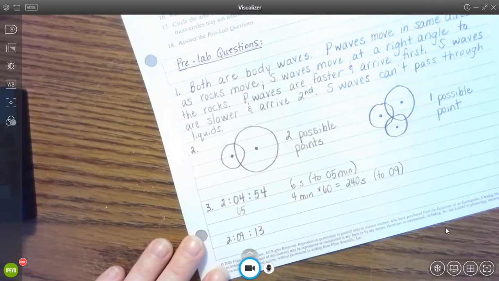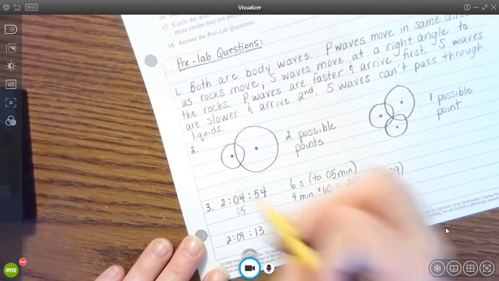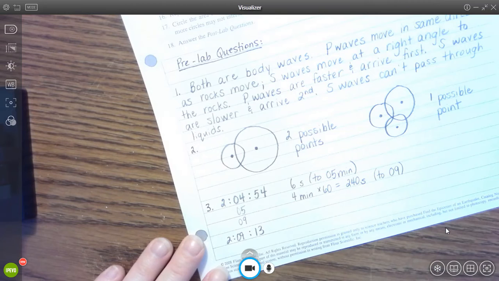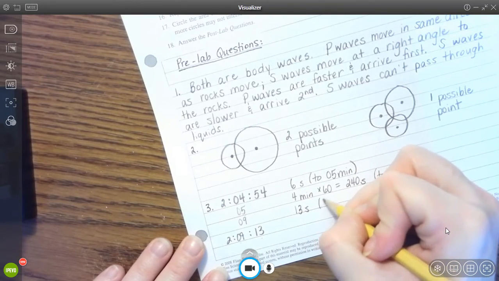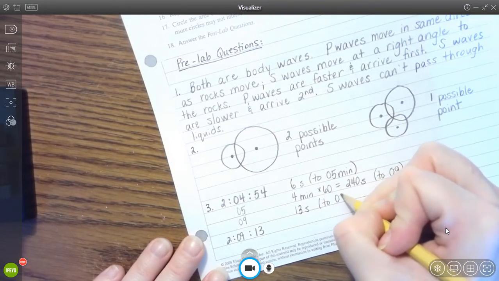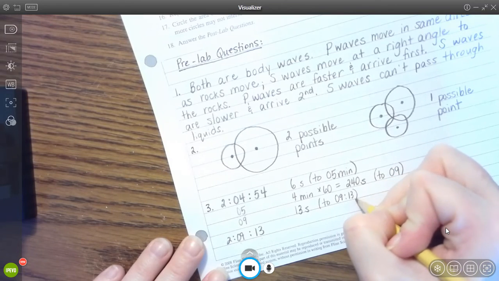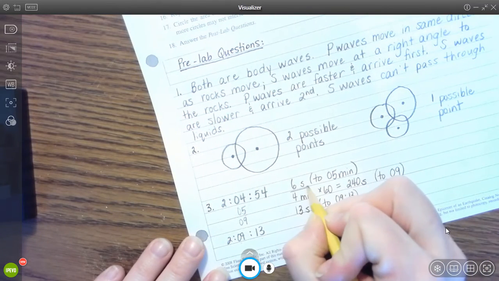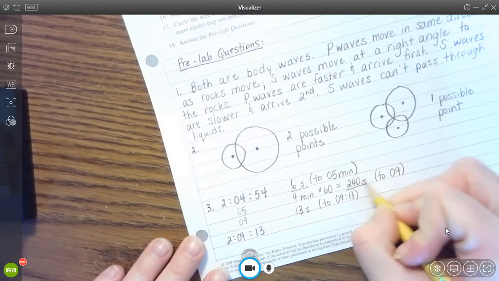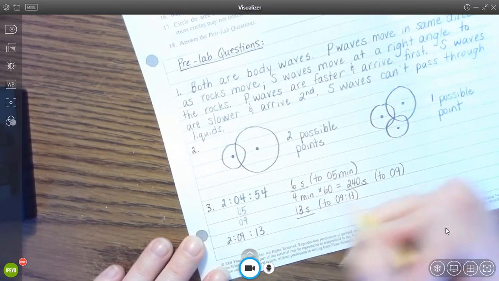And then, if I'm at 2:09, how much more time do I need to get to 2:09:13? Well, I need 13 seconds. So 13 seconds, and that takes me to 9 minutes and 13 seconds. So then I look at what time I have, and I add all of them together. 6 seconds plus 240 seconds plus 13 seconds.